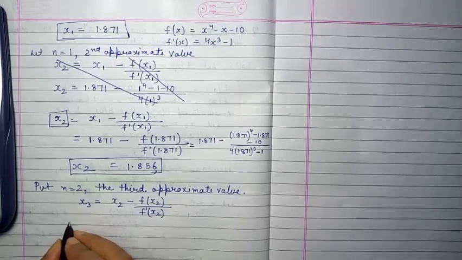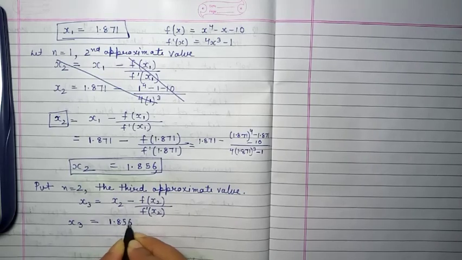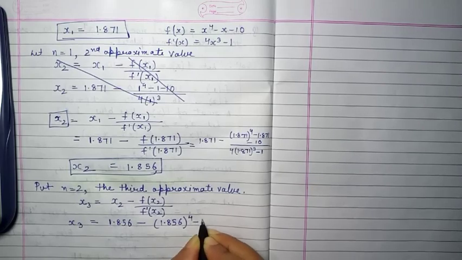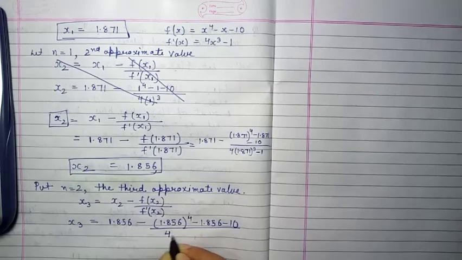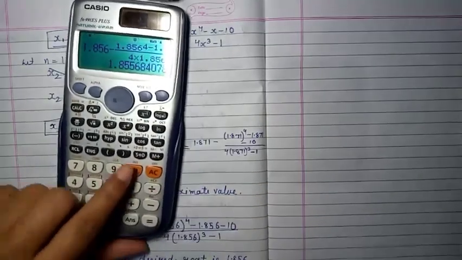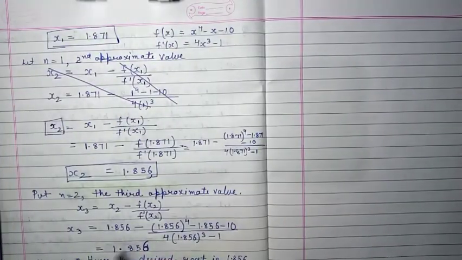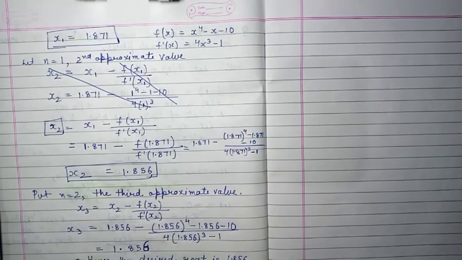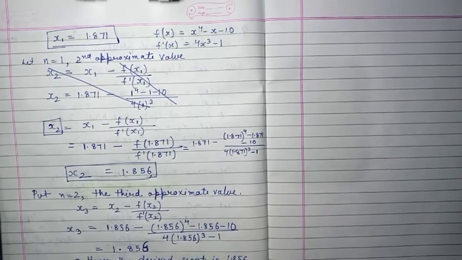So if we substitute here, it will become 1.856 minus 1.856 to the power 4 minus 1.856 minus 10, this whole divided by 4 times 1.856 cubed minus 1. You will get 1.8556, which approximately we can write as 1.856. So x2 is 1.856 and x3 is also 1.856. Hence the desired root is 1.856.